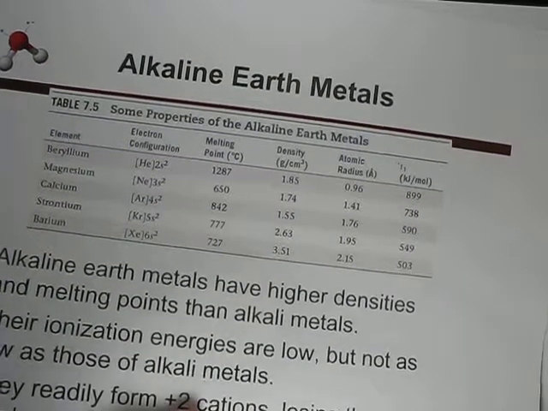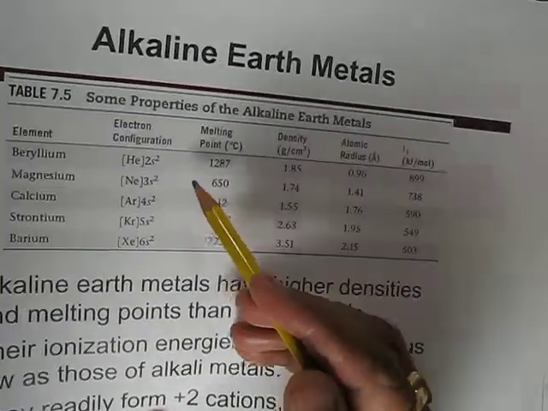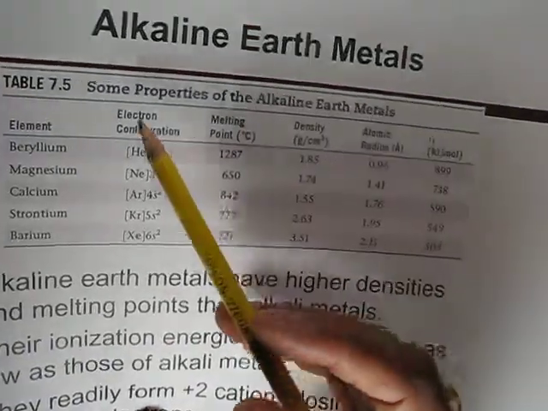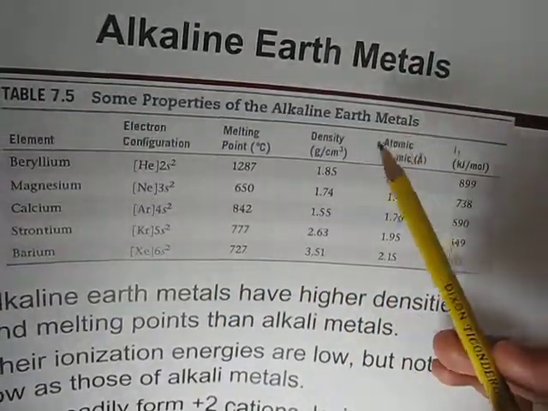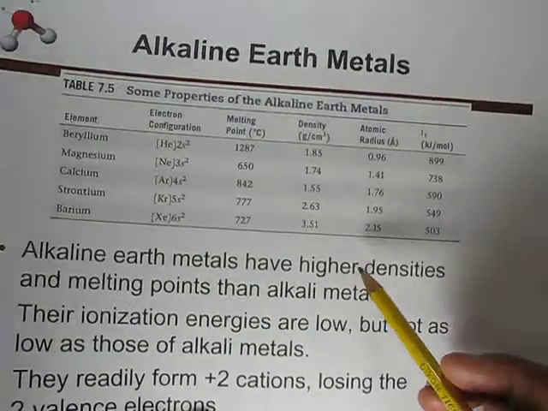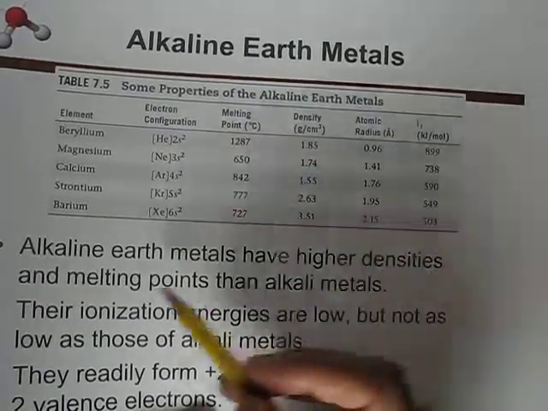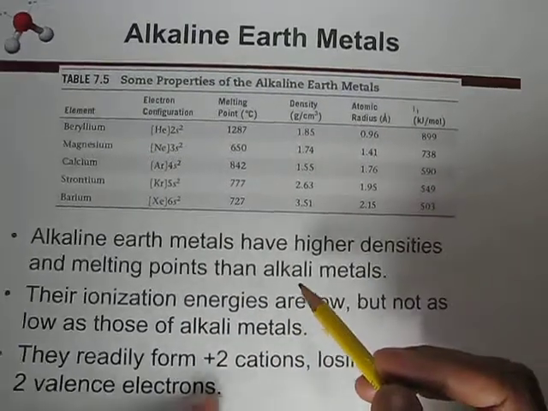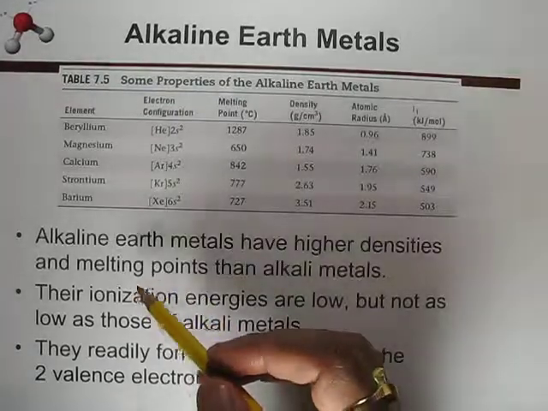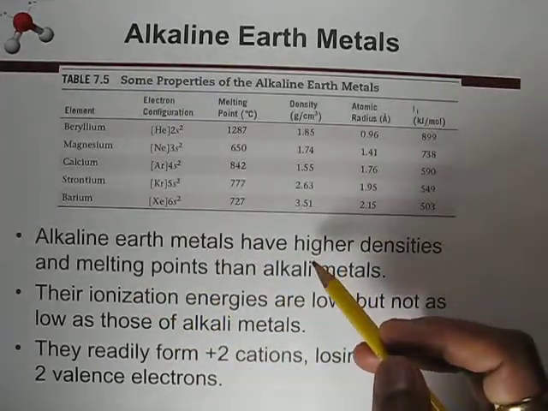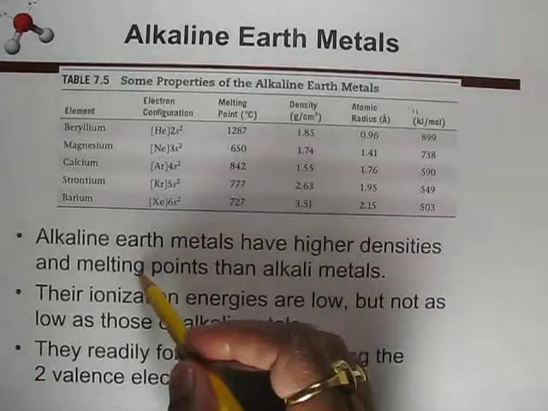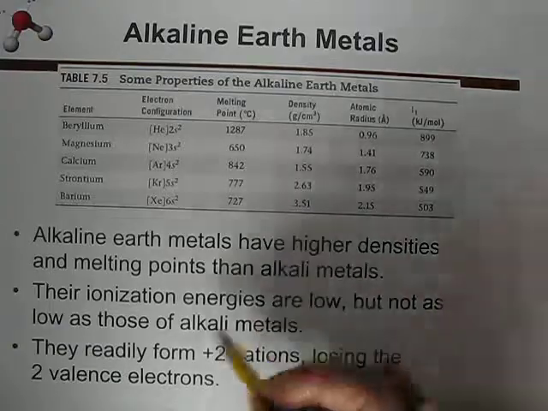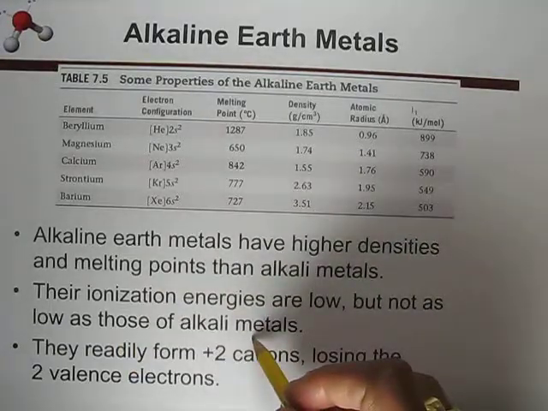Next is alkaline earth metals. Alkaline earth metals have higher density and higher melting points than alkali metals. Alkali metals have low density and low melting points, but alkaline earth metals have higher densities and higher melting points. Their ionization energies are low, but not as low as those of alkali metals.